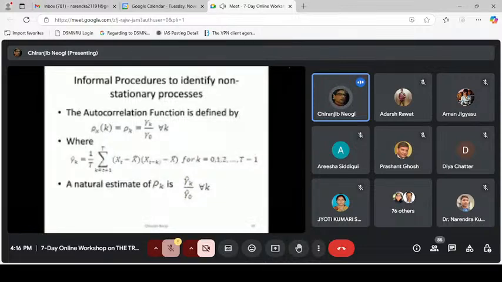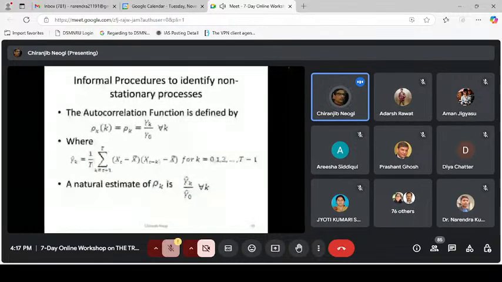So this is simple correlation. But here we say autocorrelation or autocovariance. Why do we call it auto? Because the variable is the same, the variable is y, but the difference is the time. The time points are different: one is t and another is t plus k, or t minus k, either one maybe.